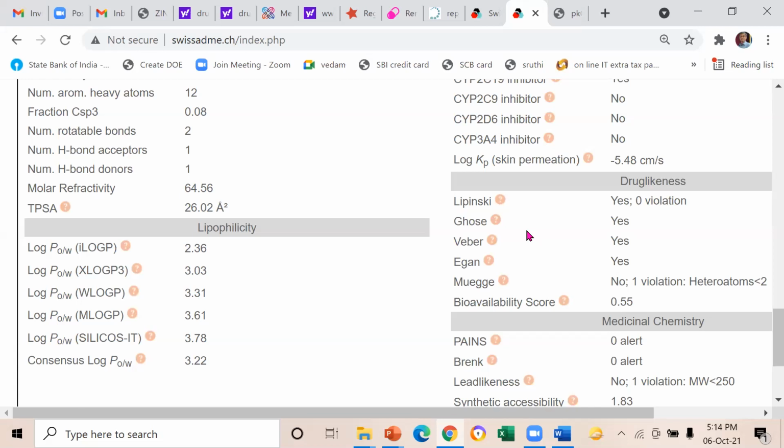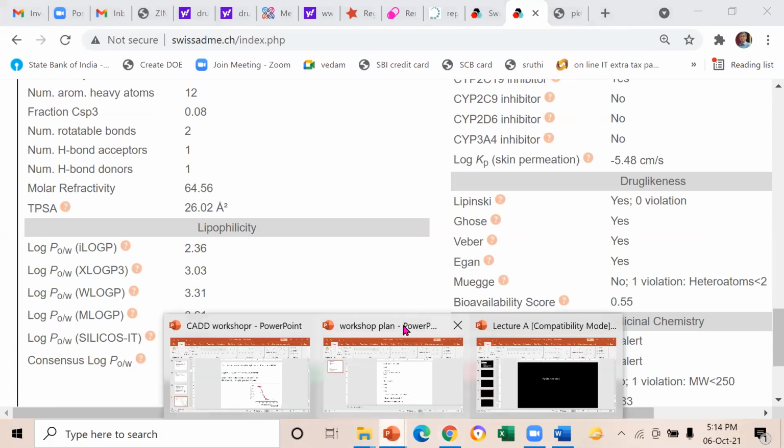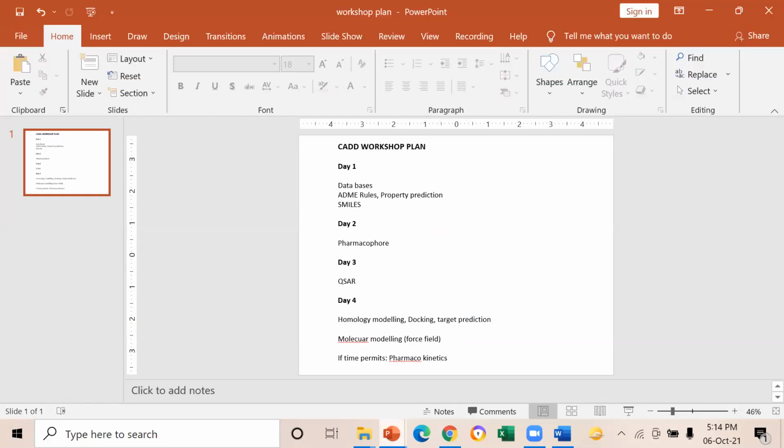You will always have all three. Clearly not good, don't waste time synthesizing those molecules because they will not be good drugs. Clearly good, yes, but in between you can make a choice based on how many rules it satisfies and so on. So the rules help you as a sort of screening tool actually.